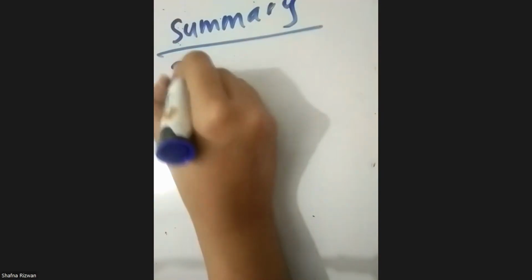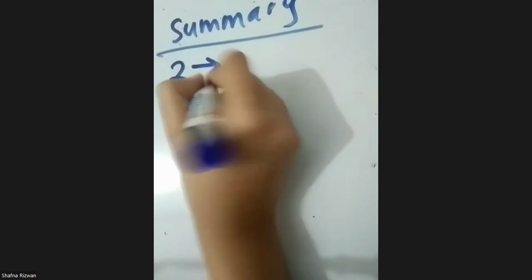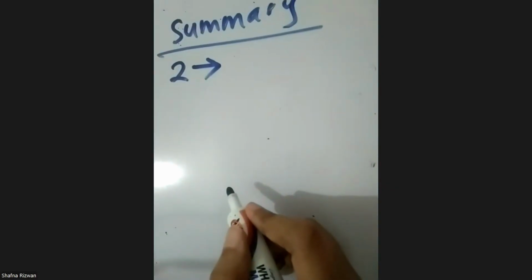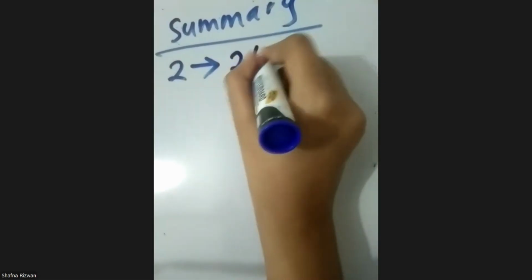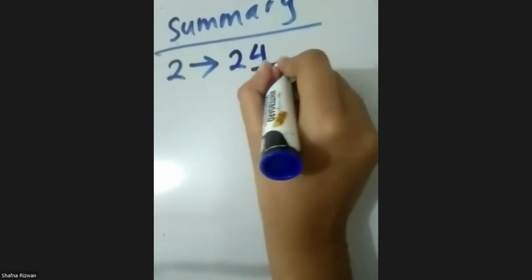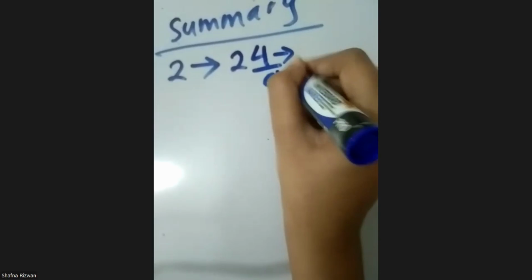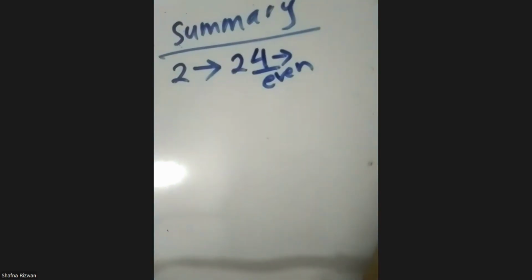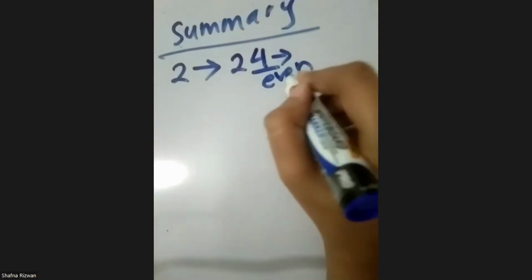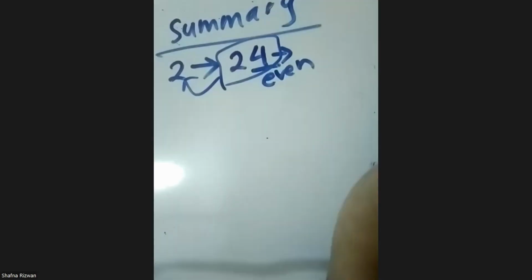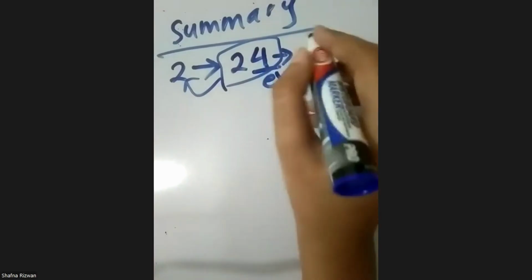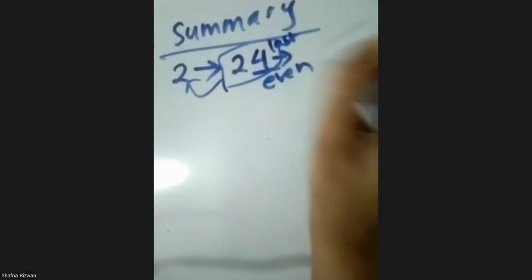Okay, so when you take the divisibility rule related to 2, what can you say? Whenever you have a number, and you see the last digit of that number, it should be an even number. When it is an even number, then you can understand that this whole number is divisible by the number 2. The last digit should be even.